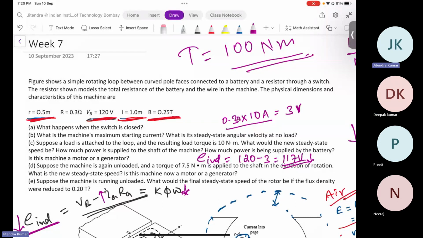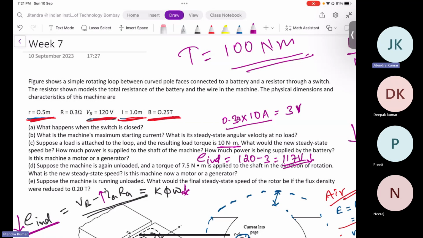Suppose a load is attached to the loop, and the resultant load torque is 10 Newton meter. What would be the new steady state speed? This is essentially asking the same thing we just discussed. We were anticipating that this kind of problem would arise.